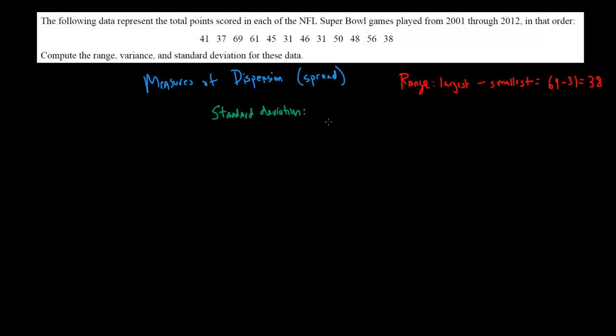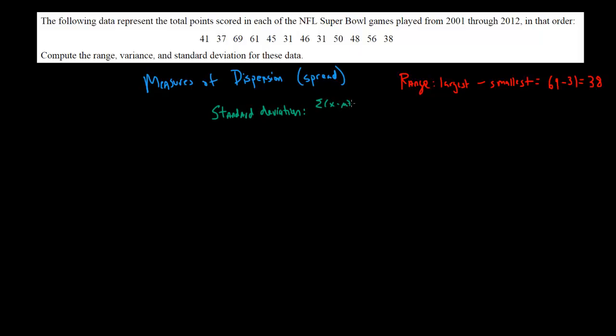Now here is the formal definition, the formal formula for the standard deviation. Let's talk about population data first.